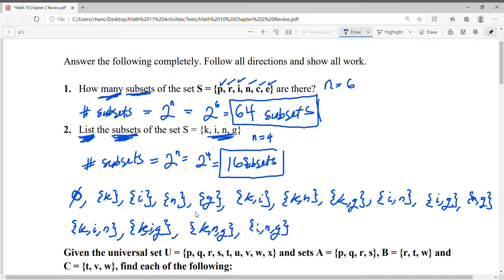And so that's it for the sets with 3 elements in it. We have KIN, KIG, KNG, and ING. Double check to make sure that I did not miss any of the 3 element sets.